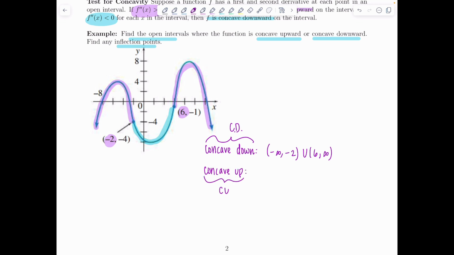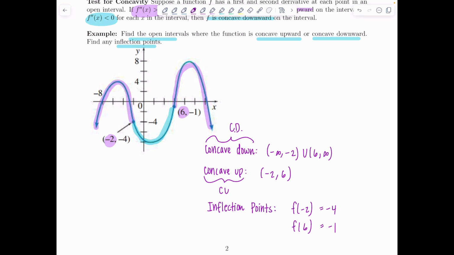It's very common. Concave up from -2 to +6. Are there any inflection points? Remember, inflection points is where there's a change in concavity. Yes, I have 2 of them. F of -2, which is -4, and then f of 6, which is -1.